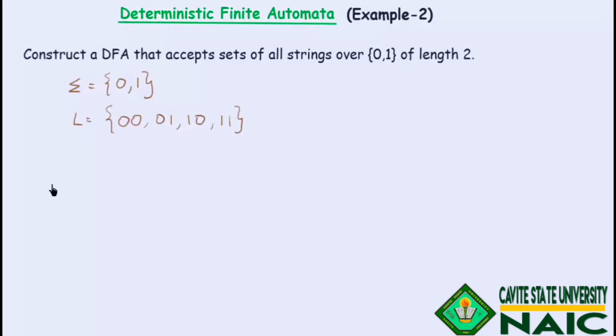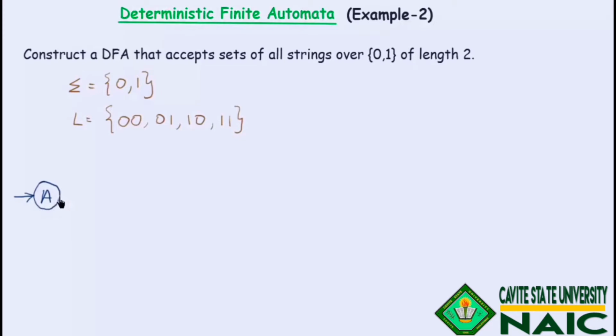So to start off, we start with the initial state, or the starting state, and let me call it A. A is my initial state. And how do I indicate it as my starting state? By this arrow, which comes from nowhere, pointing to state A. Okay, now we have to mention what happens if A gets input 0 or 1.